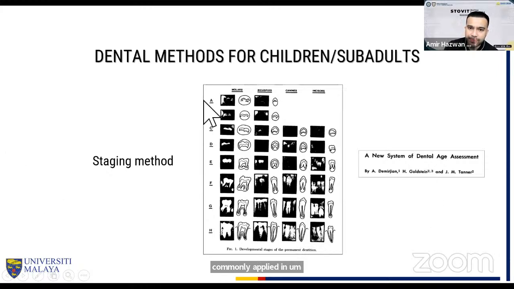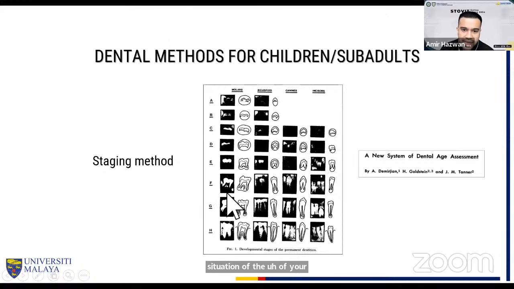The development of our permanent teeth is categorized into 8 stages. The problem with this is it does not reflect the actual development or the actual situation of your patients.